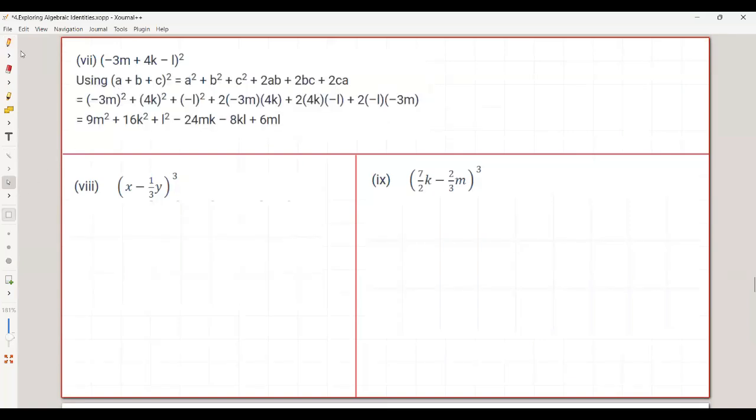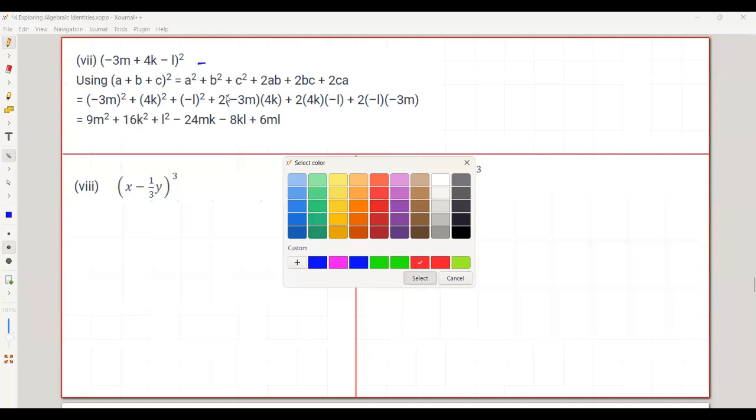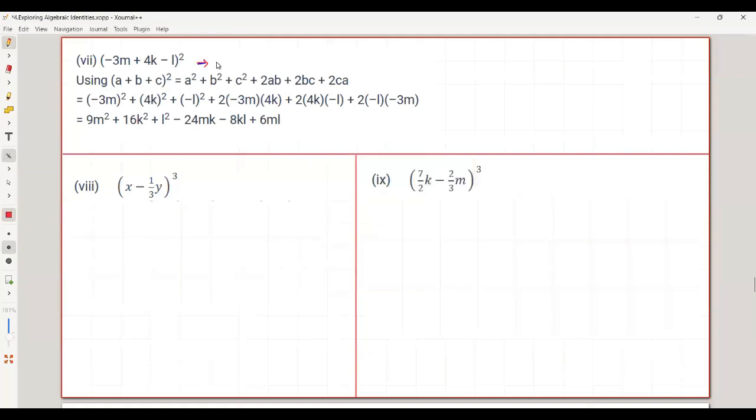We know the formula: a plus b plus c the whole square is equal to a square plus b square plus c square plus 2ab plus 2bc plus 2ca. From this, you have to understand what a, b and c are. So here a is equal to minus 3m, in b's place we have 4k, and in c's place we have minus l.